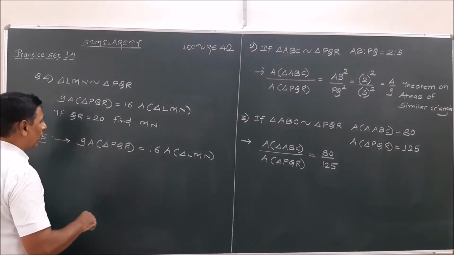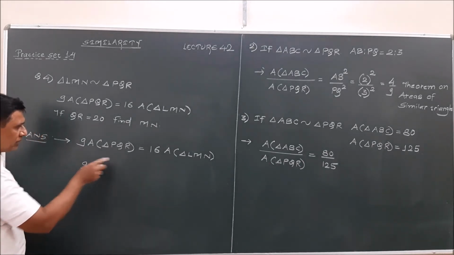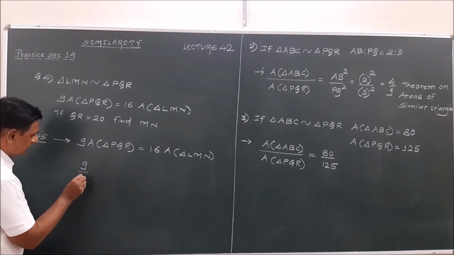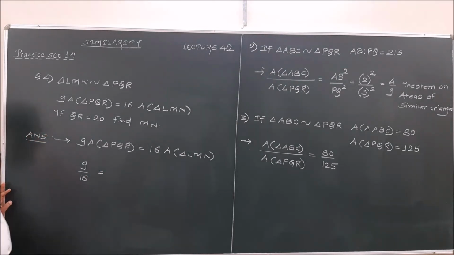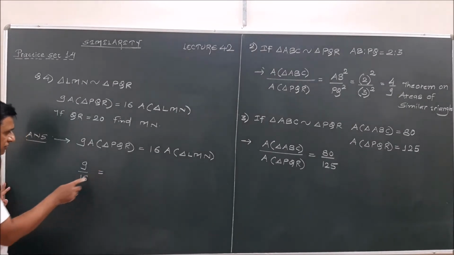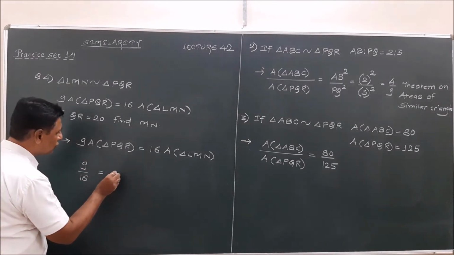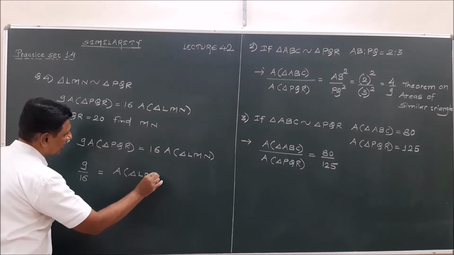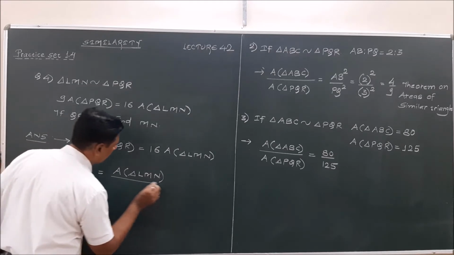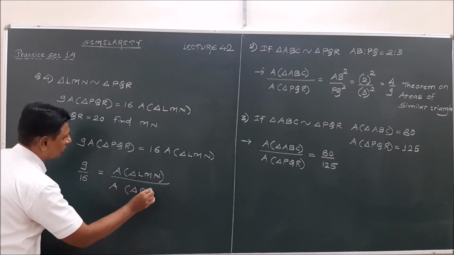Now I can write it as 9 upon 16 is equal to area of triangle LMN upon area of triangle PQR.